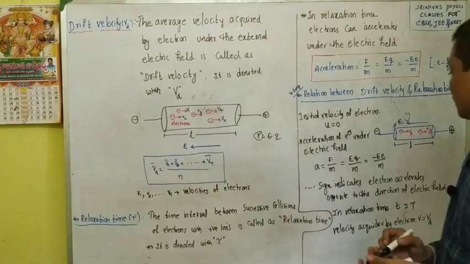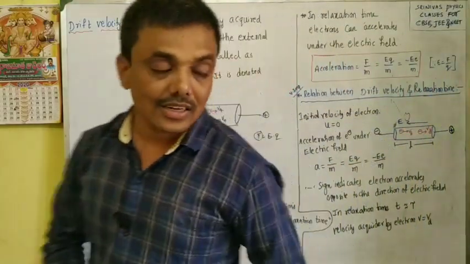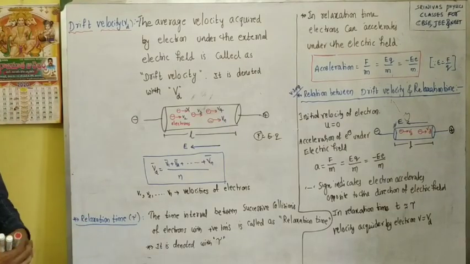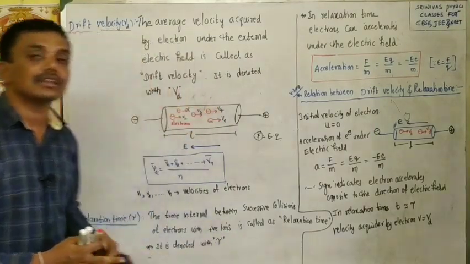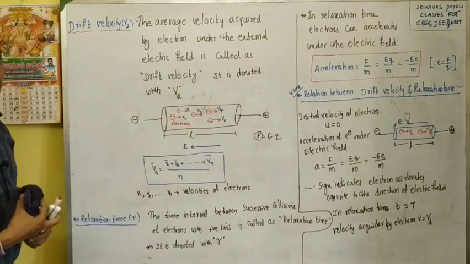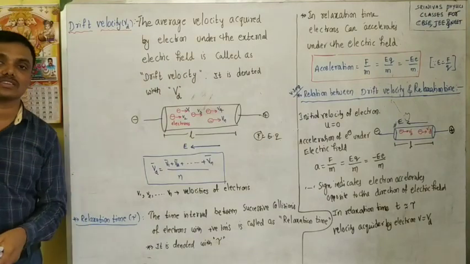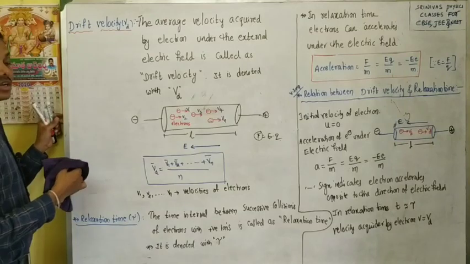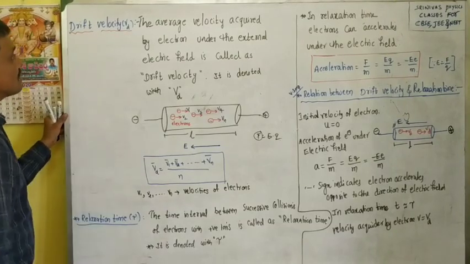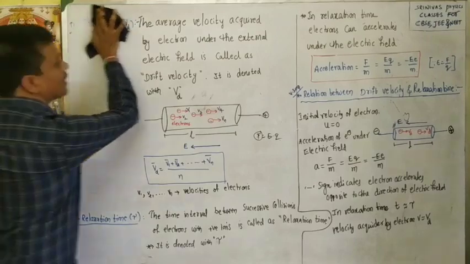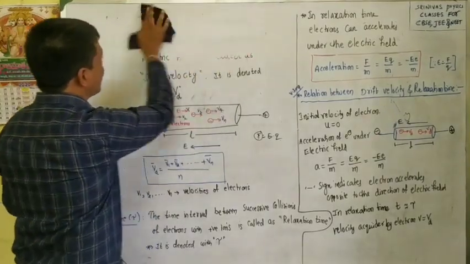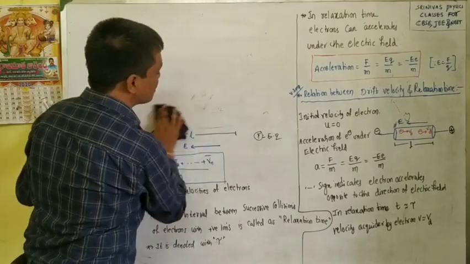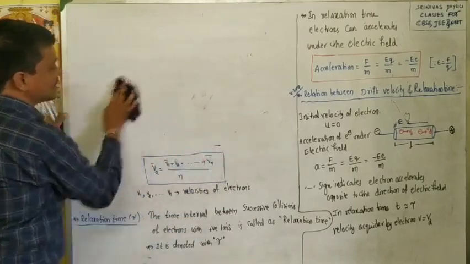Now let us start. We know the first equation of motion. There are three kinematic equations: v is equal to u plus at, s is equal to ut plus half at square, and v square minus u square is equal to 2as. In that, the first equation of motion, v is equal to u plus at, we will use now. We are going to derive the relation between the drift velocity and relaxation time.